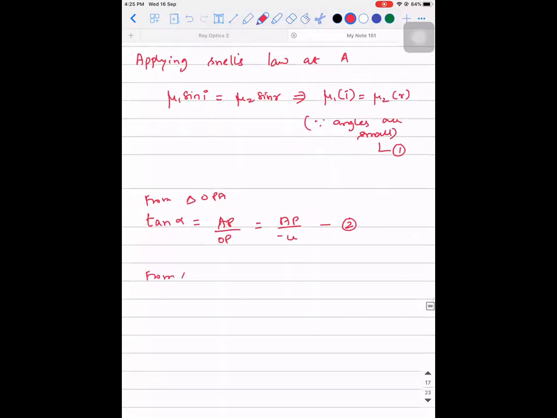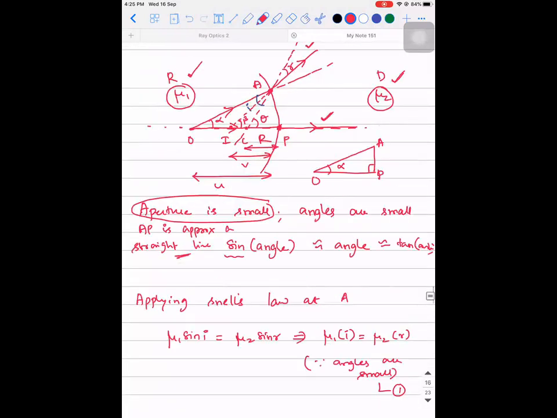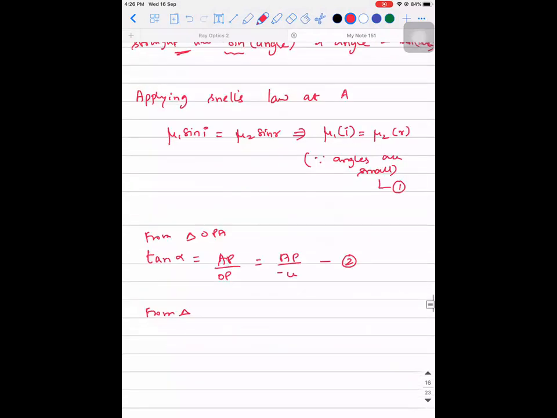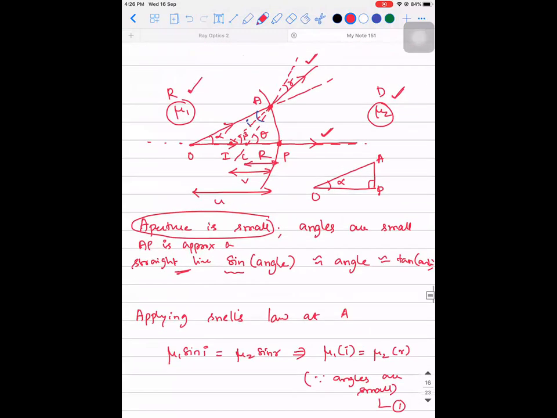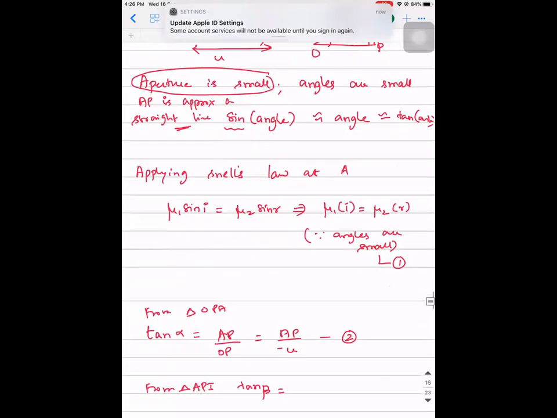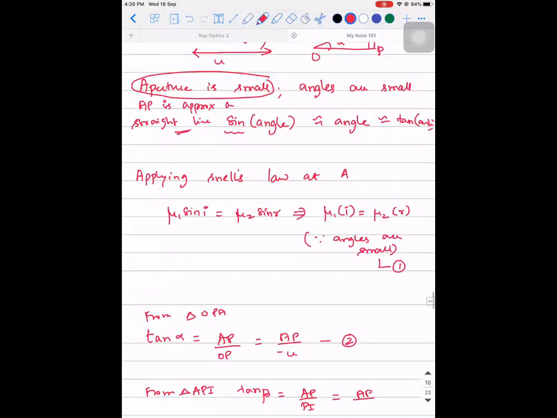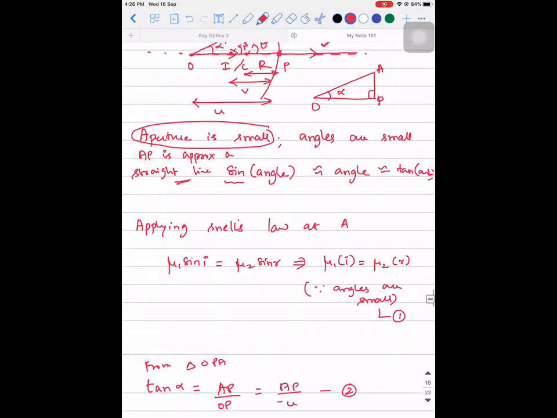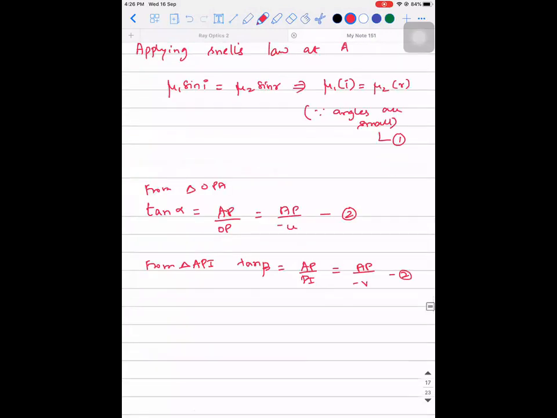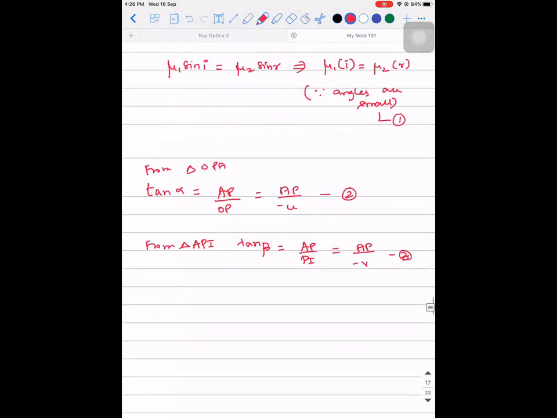Next, what is the other angle you are able to see on the base? Beta. So if I need beta, which triangle should I involve? API. So from triangle API, tan beta will be equal to AP divided by PI, which is minus v. So that is 3. I need tan theta.